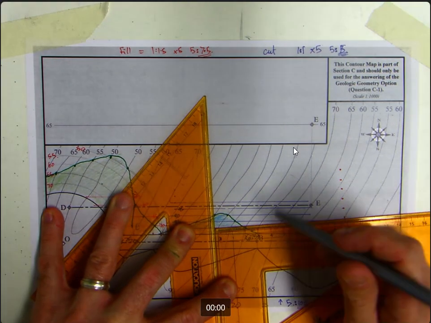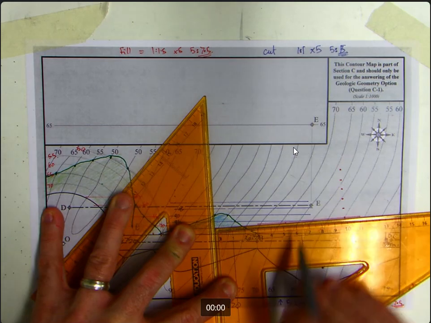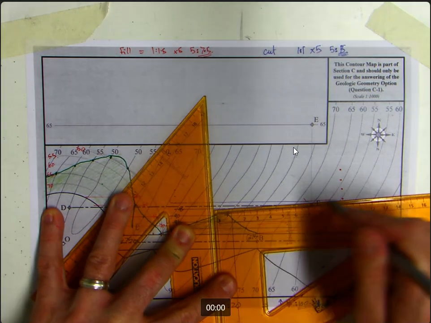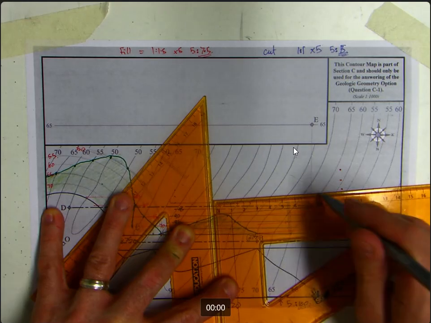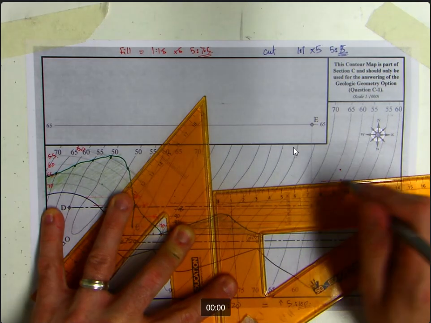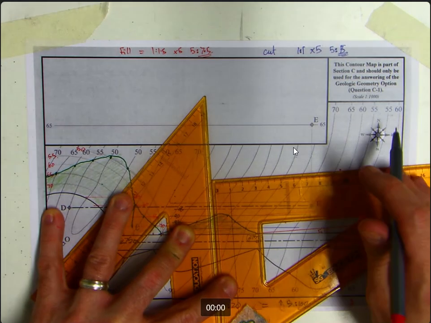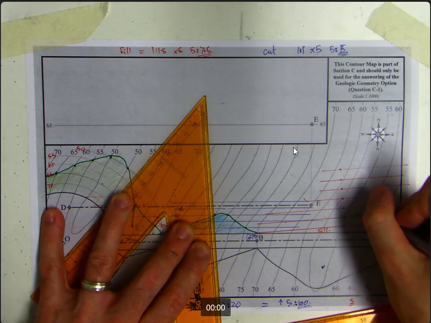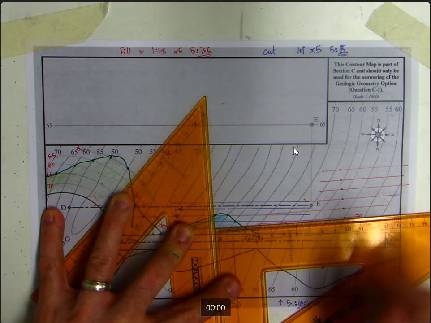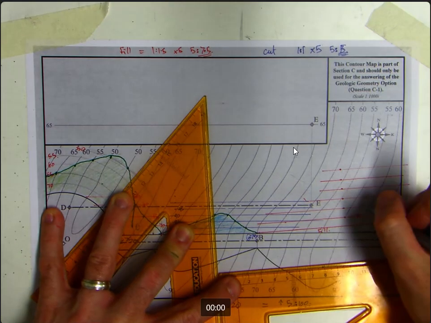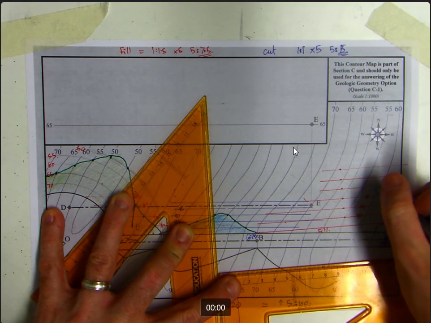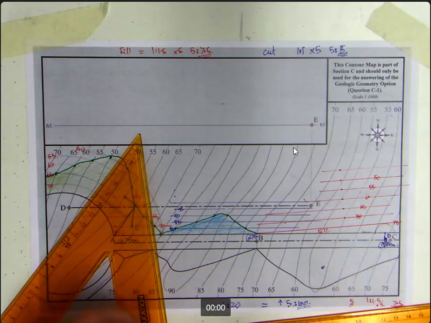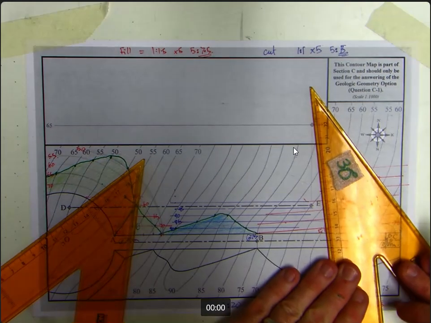And it's a fill activity, so the further I get away, the lower the numbers will go. So that's 75, this is going to be 70. This is going to be 65, 60, 55, 50.